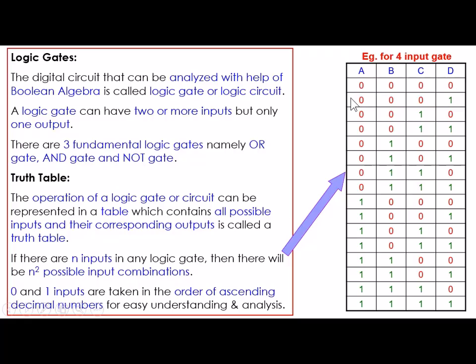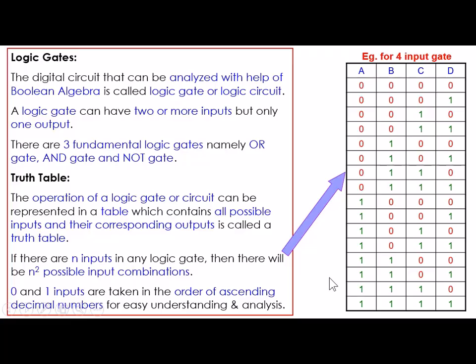Then the decimal value of the combination 0, 0, 0, 1 is 1. Then 2, then 3, then 4, like that up to 15. This is the decimal equivalent of 15.